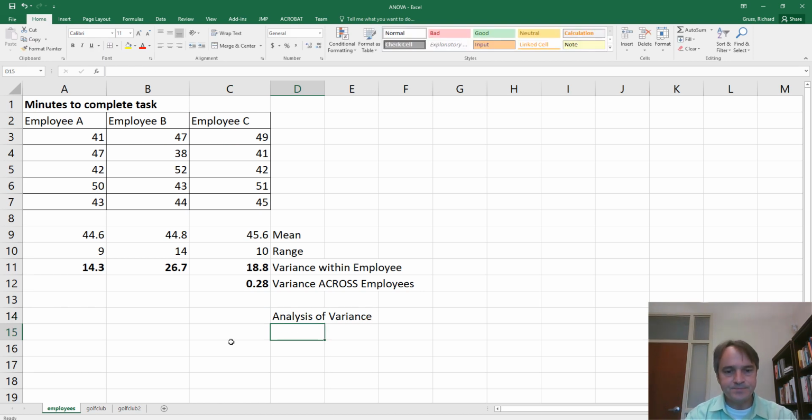We are looking at how much variance there is across each of these groups. Now you say, that's not a group, that's an employee, but we can call it a group because these observations are grouped within an individual employee.